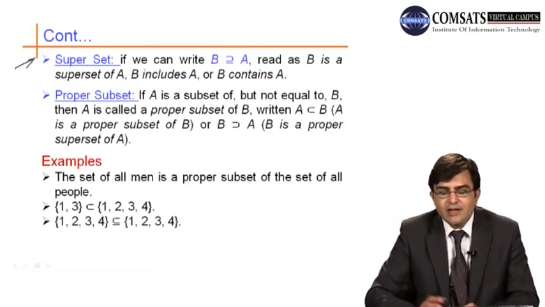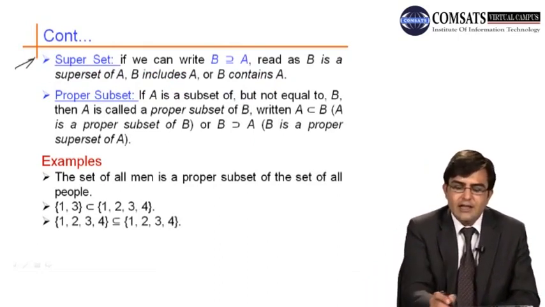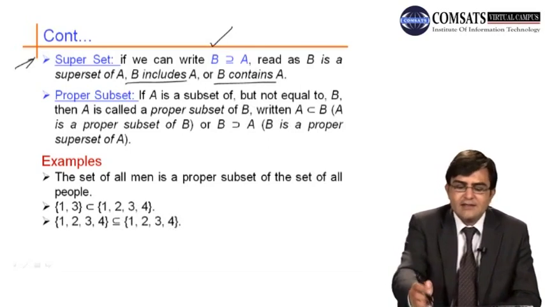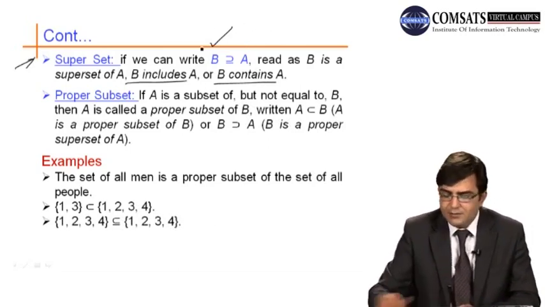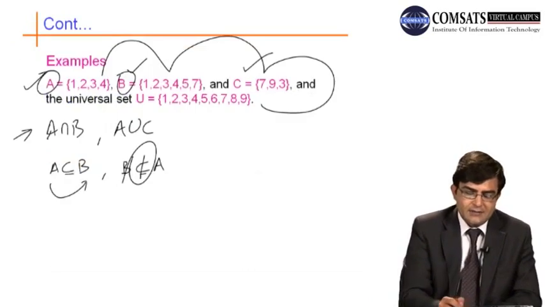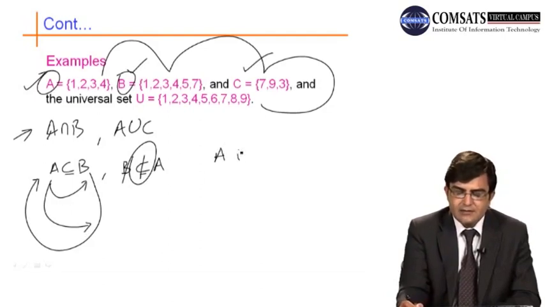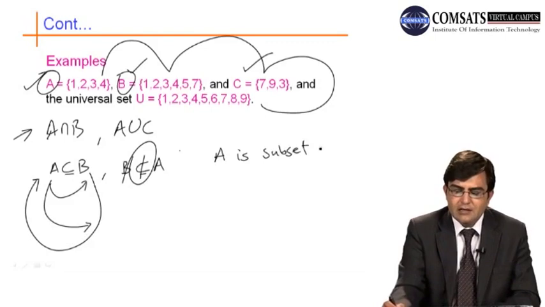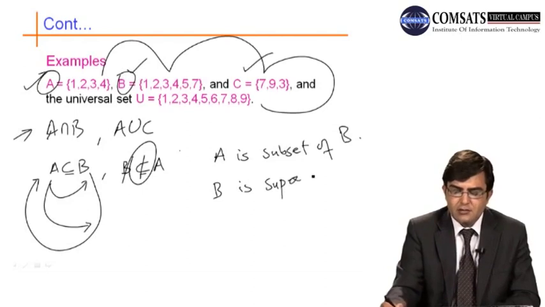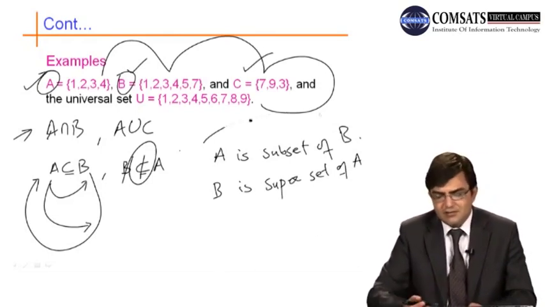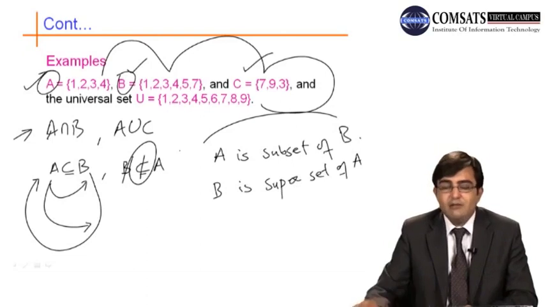If we can write B contains A, read as B is a superset of A, or B includes A, or B contains A, then B is called a superset of A, and A is called a subset of B. In previous examples we have seen A is a subset of B, and B is a superset of A. Super means it is larger than A, and A is smaller than B. I hope you have already studied this.